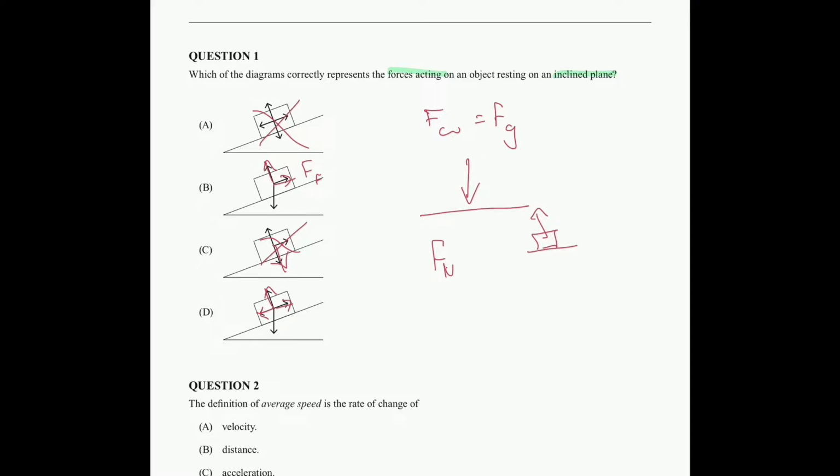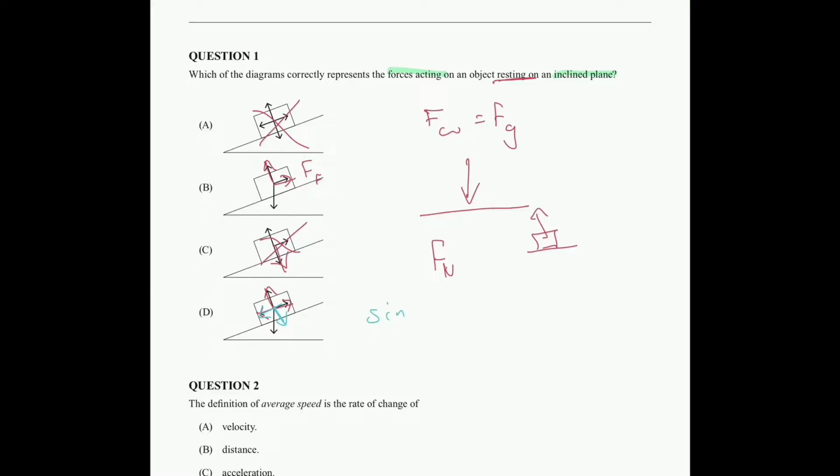Now, the important thing to think about in this question is the forces acting on an object resting. Now, this force that I'm going to draw now in blue would be a reasonable force to draw if you were going to put a force like this and then neglecting your force weight, because you could think of it as your sine.